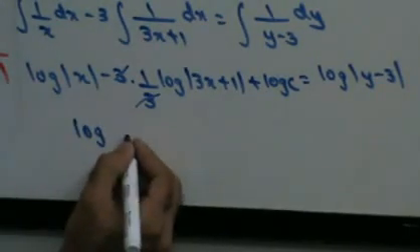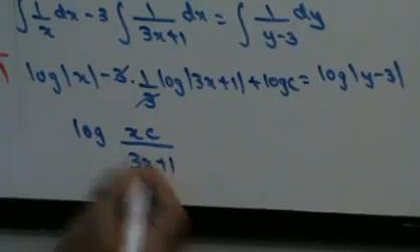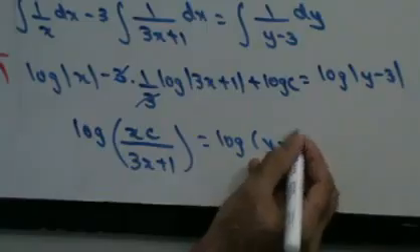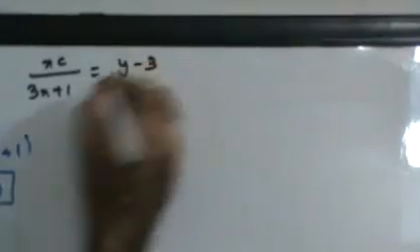So I can write this as log of xc upon 3x plus 1 is equal to log of y minus 3. Log and log get cancelled. So you will get xc upon 3x plus 1 is equal to y minus 3.